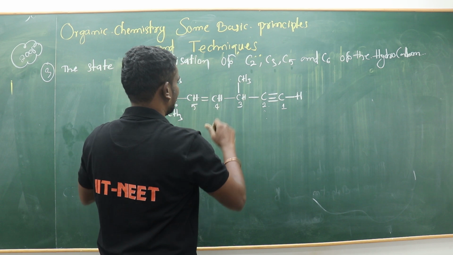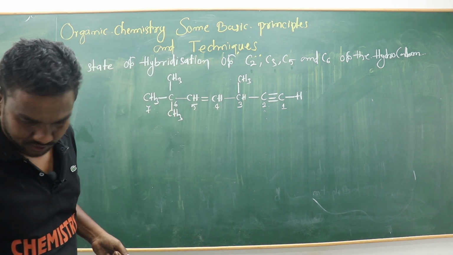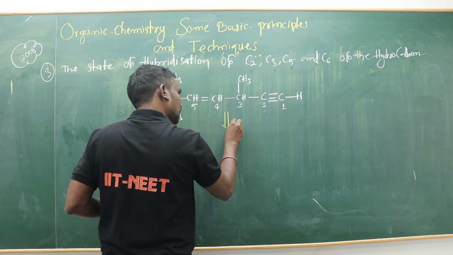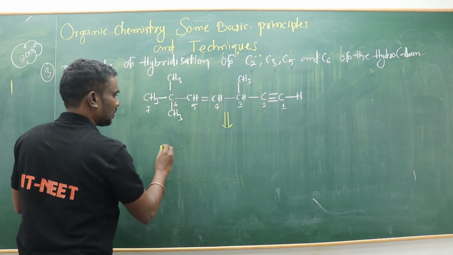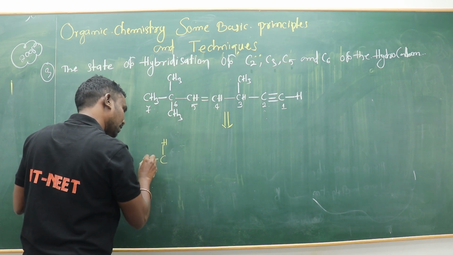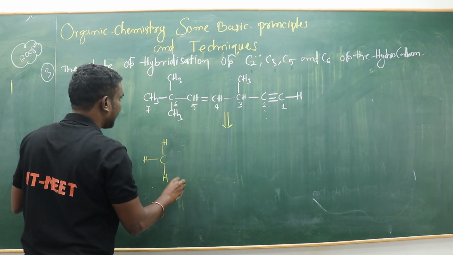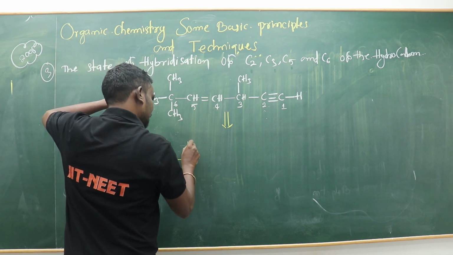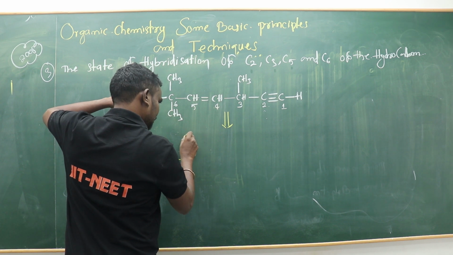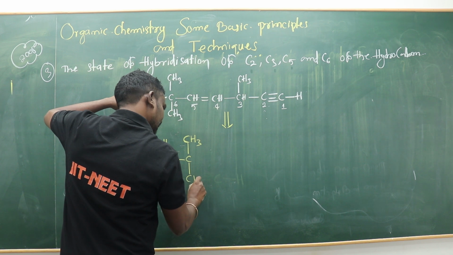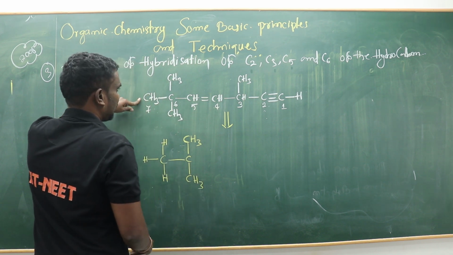See, observe carefully. Actually, I will elaborate the structure for our convenience to explain, right? Chalo. H, here 1 H, here 1 H beta, CH3 is finished. Next C, CH3, right?